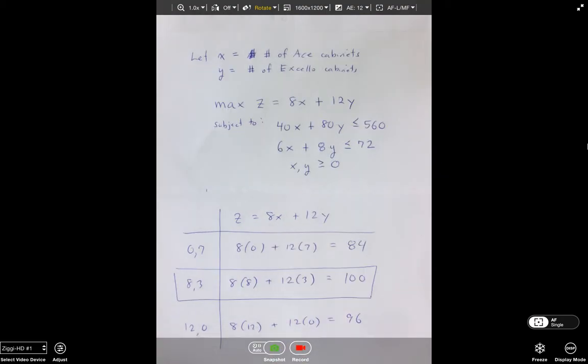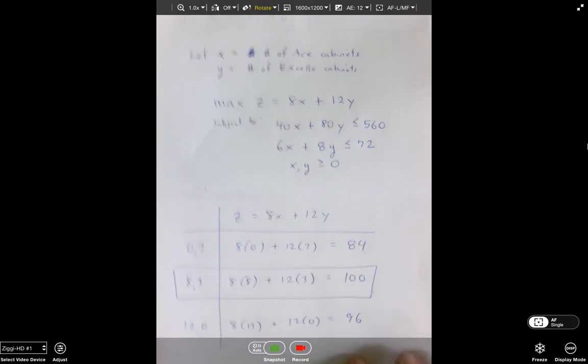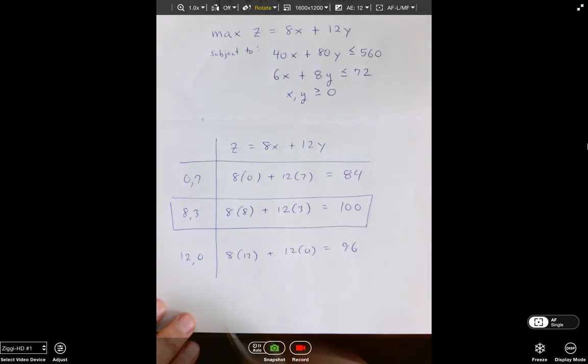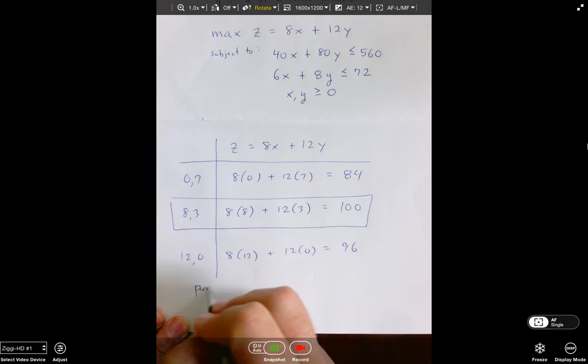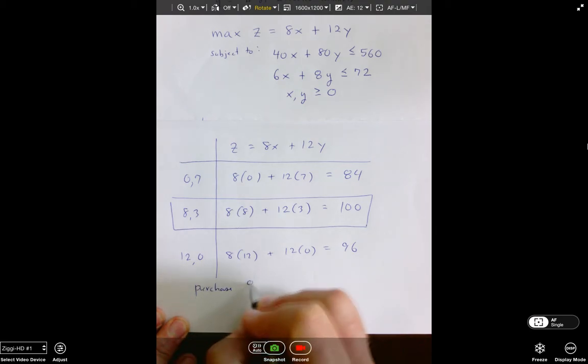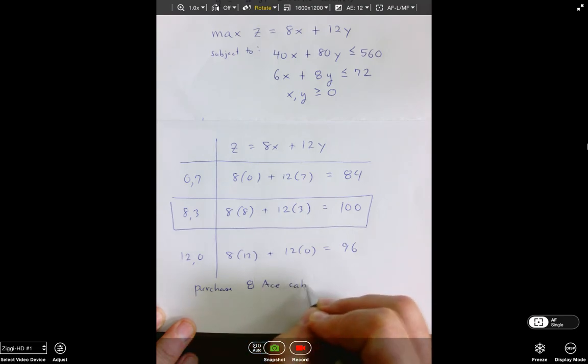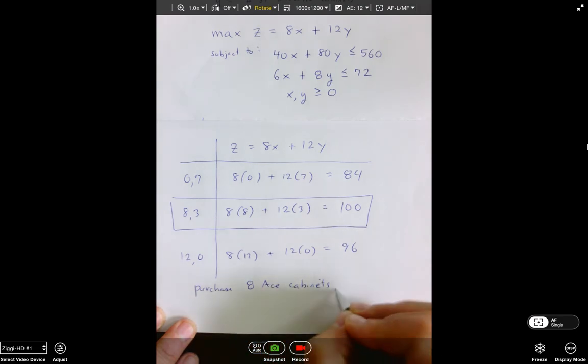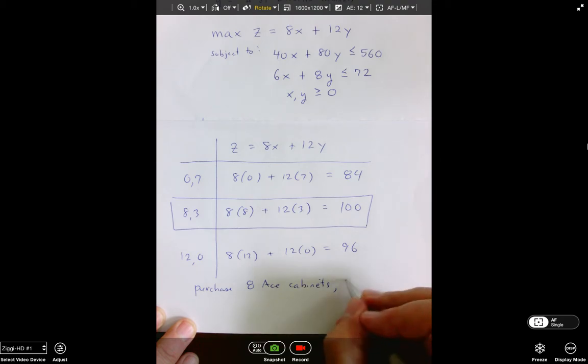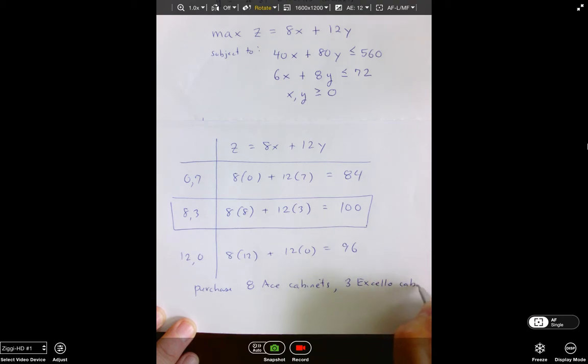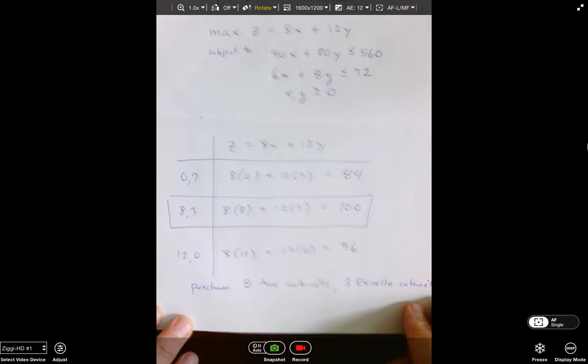So guys, your best bet here with all the constraints you have is to purchase 8 Ace cabinets, 3 Excello cabinets. You can just tell those are good from the name, can't you?